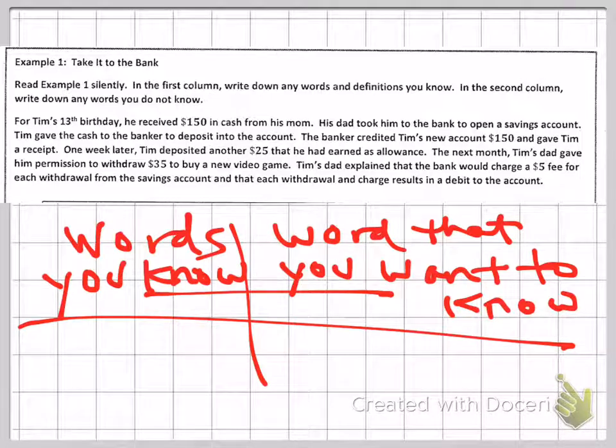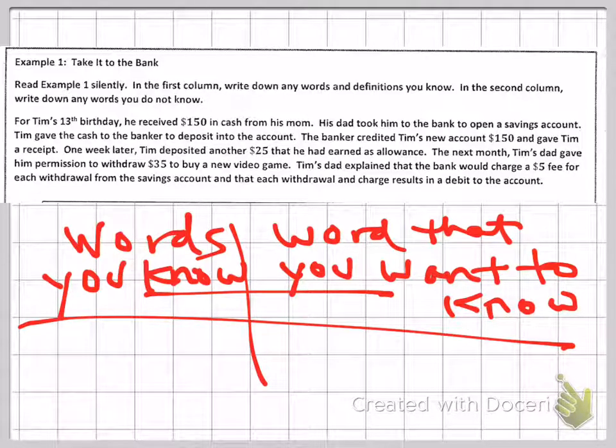The banker credited Tim's new account $150 and gave Tim a receipt. 1 week later, Tim deposited another $25 that he had earned as allowance. The next month, Tim's dad gave him permission to withdraw $35 to buy a new video game. Tim's dad explained that the bank would charge a $5 fee for each withdrawal from the savings account, and that each withdrawal and charge results in a debit to the account.